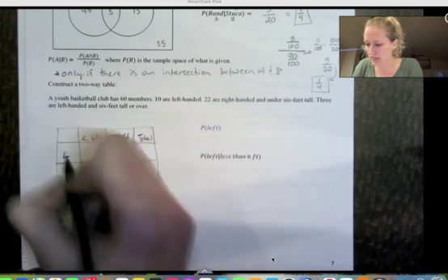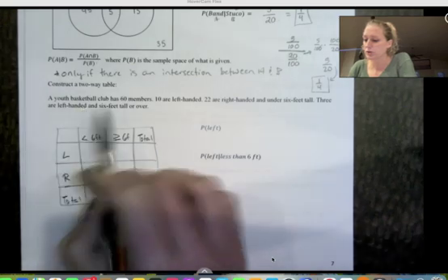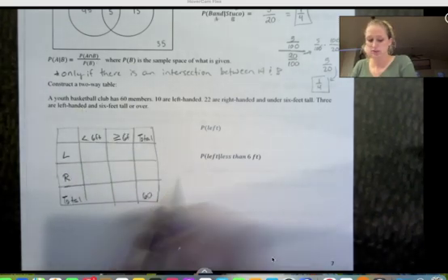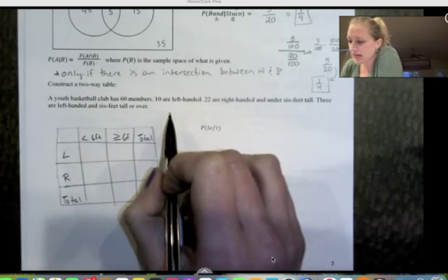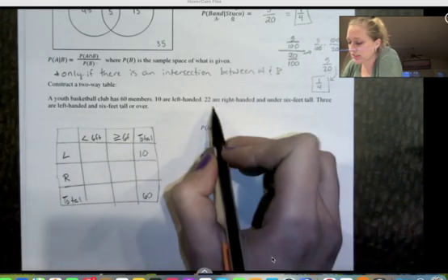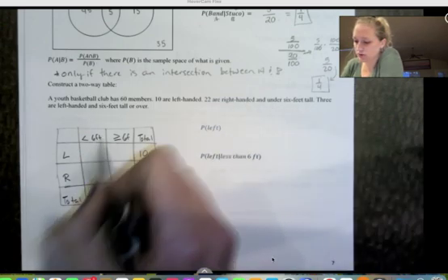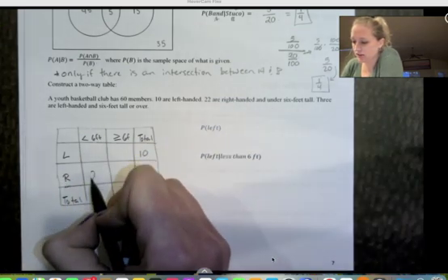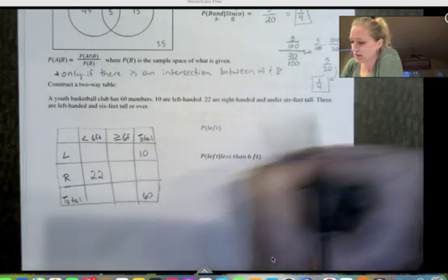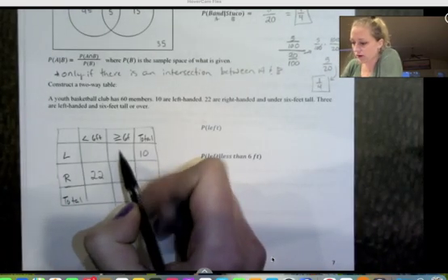And then we have left-handed and right-handed. We had 60 members total. 10 of them are left-handed, so out of the 60, 10 are lefties. 22 are right-handed and under 6 feet, so right and under 6 feet, 22. 3 are left and 6 feet tall and over.